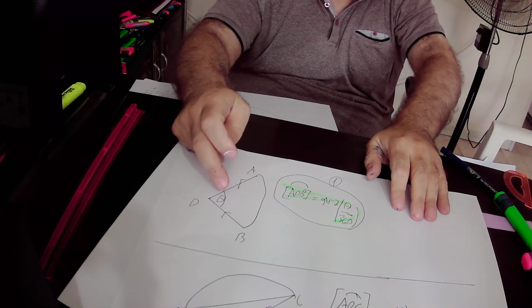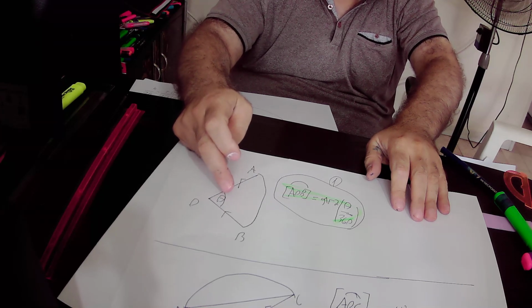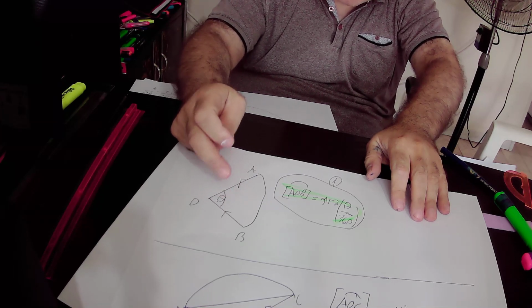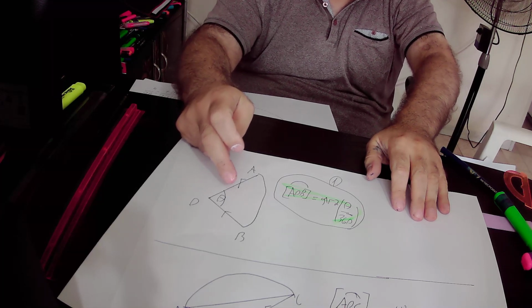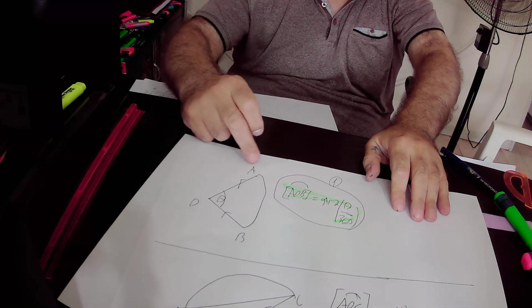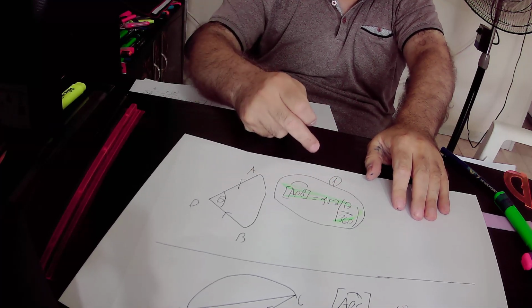And the angle theta is the angle between the two legs of sector A or B. The area of this sector equals pi r squared, that is the area of the entire circle, times theta over 360 degrees.